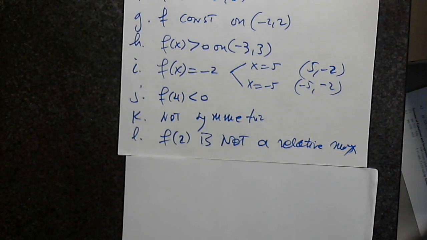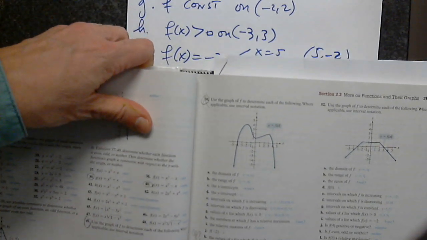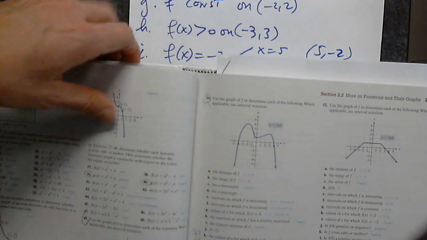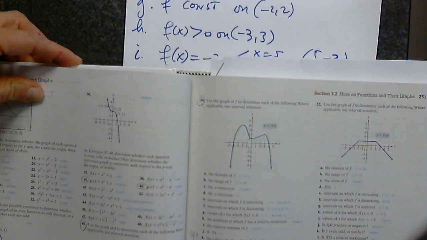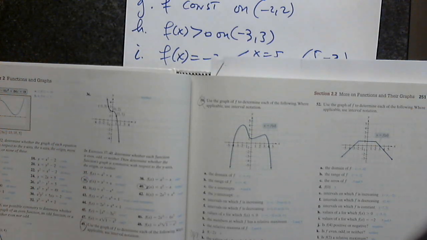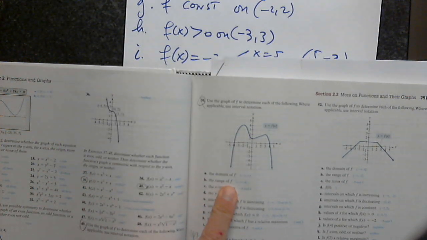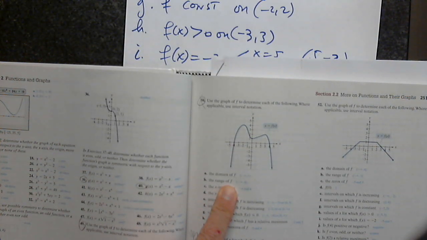Okay, so let's look at the graph. Let's answer the domain, please. What is the domain of this function? Can you see, everyone? -infinity to, correct. Range. Range is from the lowest y value to the largest y value.